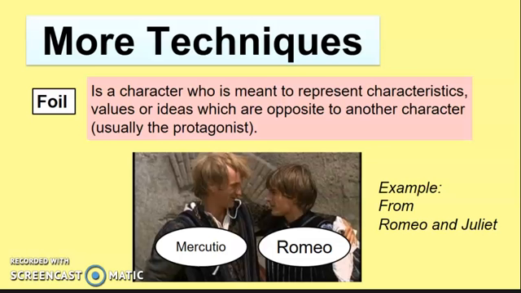Now, the key difference then between the foil and the antagonist is that the antagonist's action opposes the protagonist, while the foil's character is in opposition to the protagonist. For example, these are the characters from Romeo and Juliet. We have Mercutio and Romeo, in which these two characters are actually good friends, yet have one very important difference.